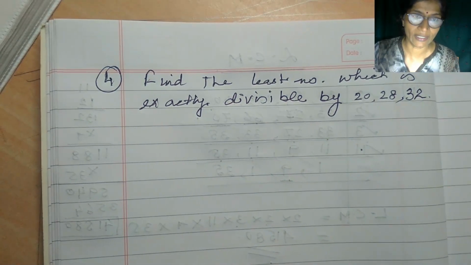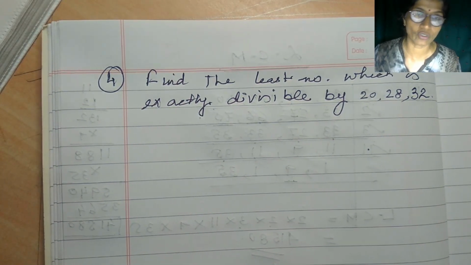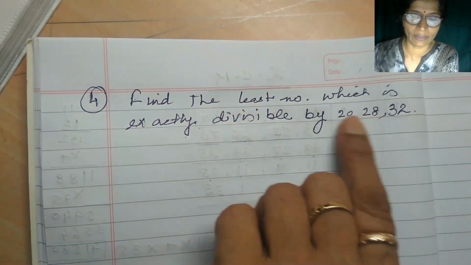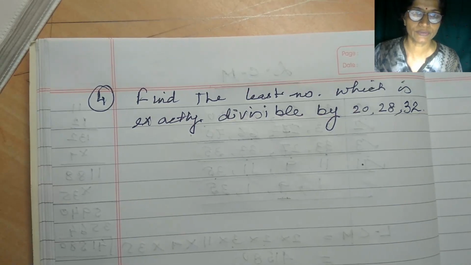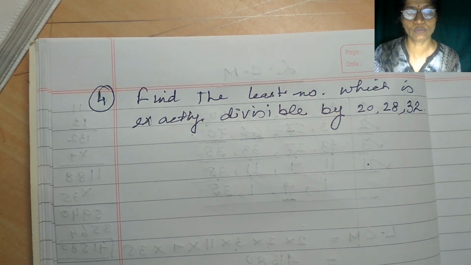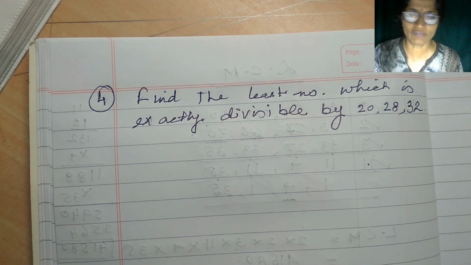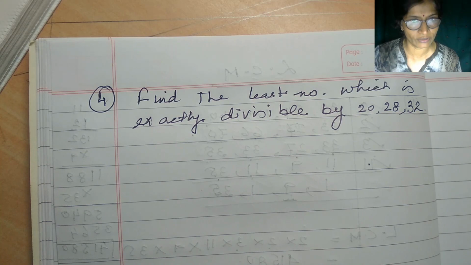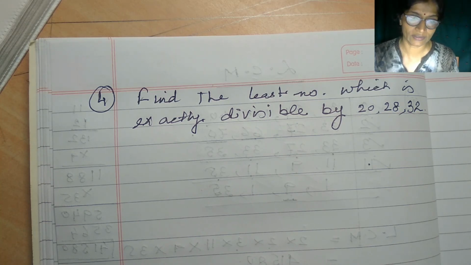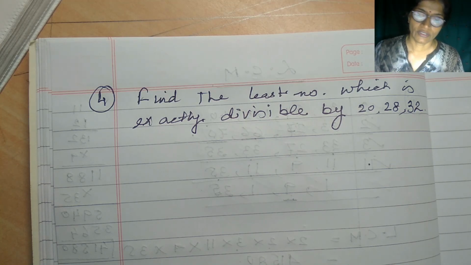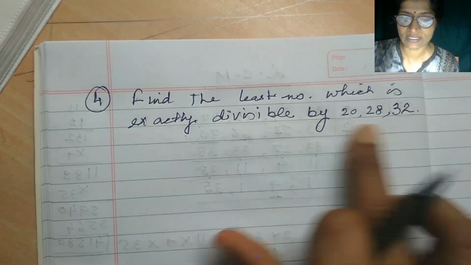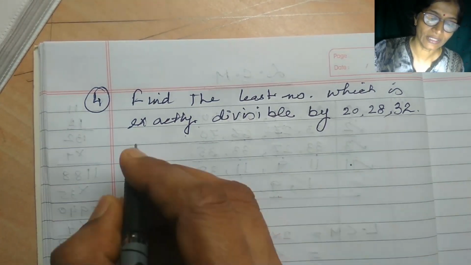I know that LCM is the lowest common multiple. Since it is a multiple, it means that multiple is divisible by all these three. Suppose I say to you a number which is divisible by 2 as well as 3. So I know obviously it is 6, because 6 is divisible by 2 and it is divisible by 3 also. So 6 is the LCM of 2 and 3. It means whenever they ask you the least number which is exactly divisible by these numbers, that will be the LCM.